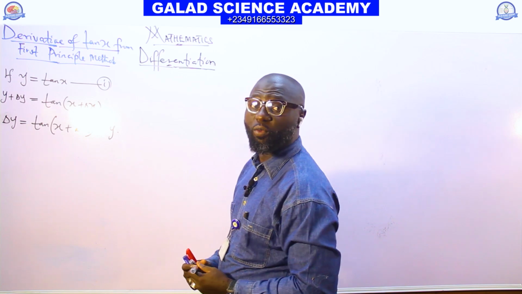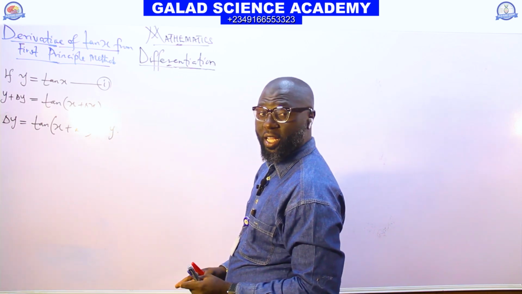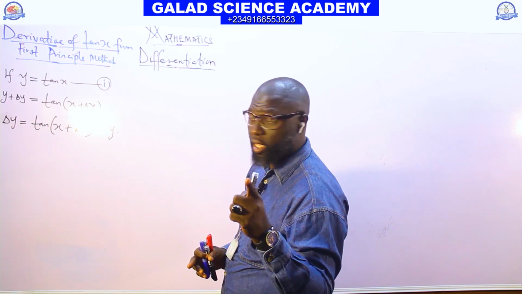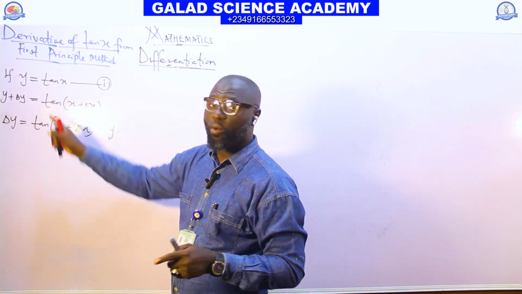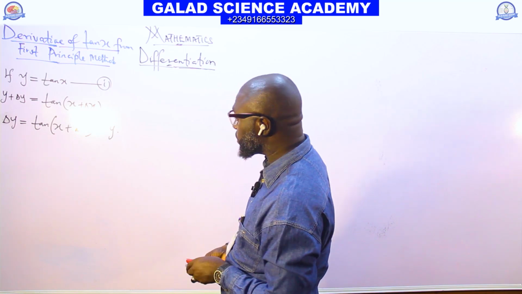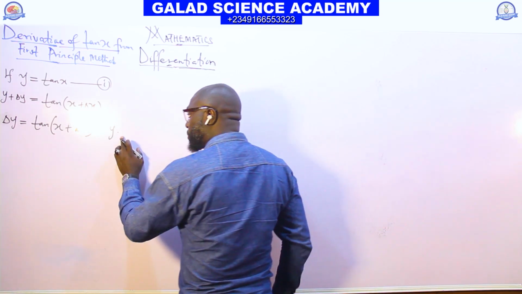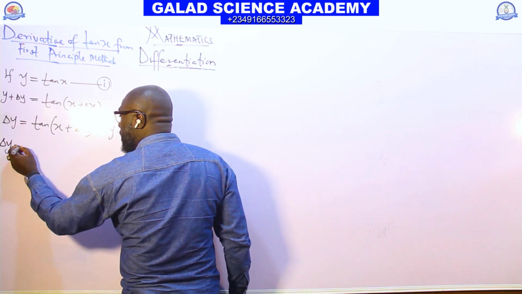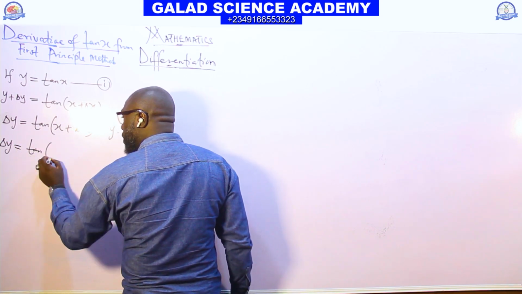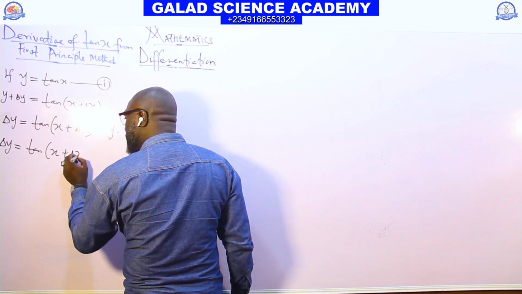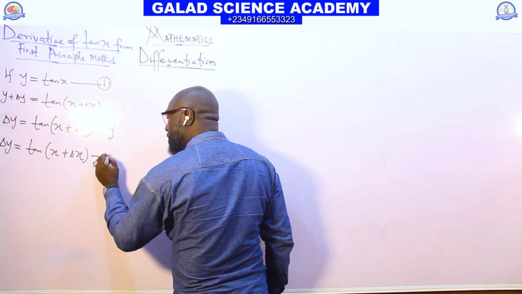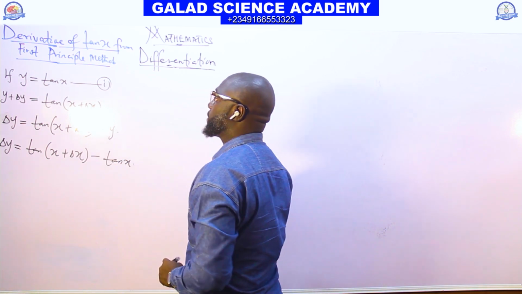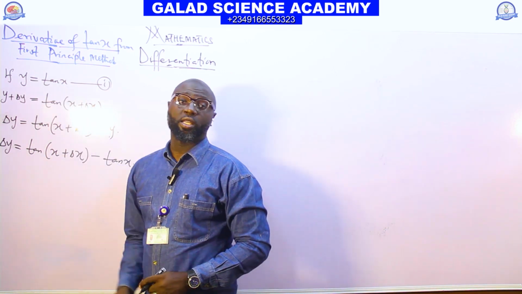But if you look at the first equation, it's already defined y for us, and y is tan x. So substituting for y, we have change in y equal to tan of x plus change in x minus tan x.